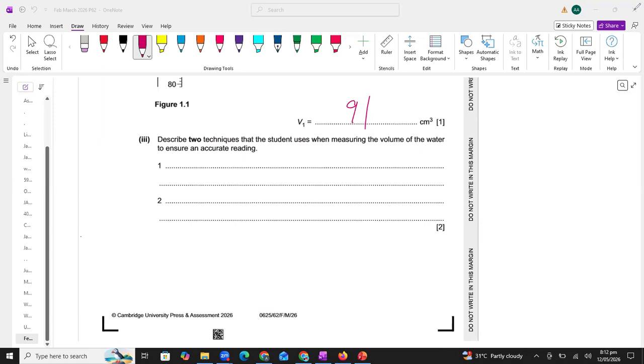Exactly, avoid parallax error. In the first option, we can write avoid parallax error. If we avoid the parallax error, it means that we will get an accurate reading. What could be the second option, students? The second option could be read lower meniscus.